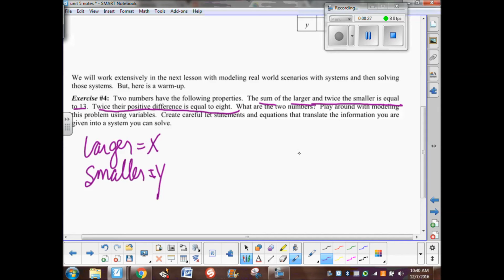It says, what are the 2 numbers? So my first one, the sum of the larger and twice the smaller, so x plus 2y is equal to 13. There's my first one. Then my second equation, twice their positive difference is equal to 8. So positive difference would have to be large minus small is equal to 8.